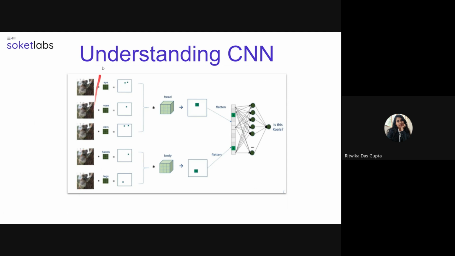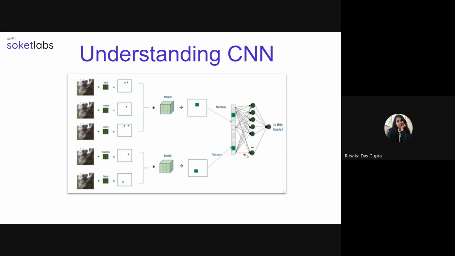For this particular image also, we have different features, and we have the filters, and we have the outputs coming out, and then we denote head. For head and body also, again we have the filters multiplied with it and the feature maps. And then finally, we flatten this array, and this flattened array goes through a dense neural network. Why do we use this dense neural network? Because we have to classify a particular image, whether the position of that particular koala bear has changed or not.